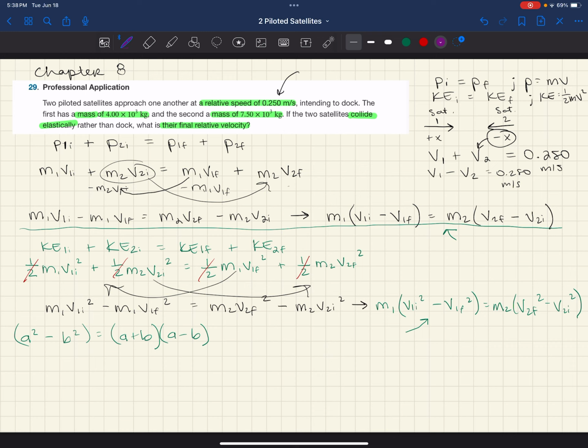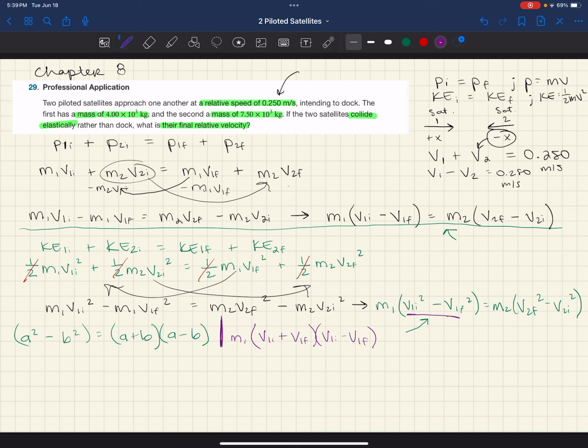I'm going to rewrite this, separate it a little bit. So now we're going to have m1, and then this would turn into v1 initial plus v1 final times v1 initial minus v1 final.